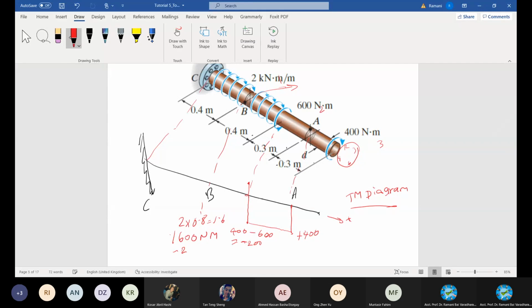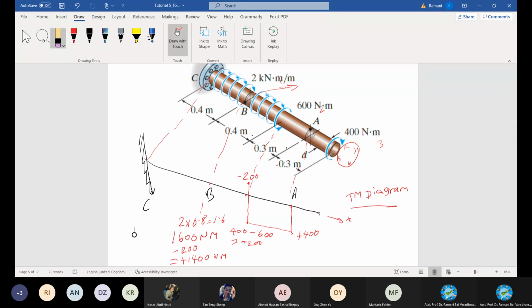How much is it? Negative. At this point it is negative 200, right? So negative 200, the net value will be positive 1400 Newton meter, isn't it? So it will cross this point. It will cross this point at 1400 until it reaches the point C.